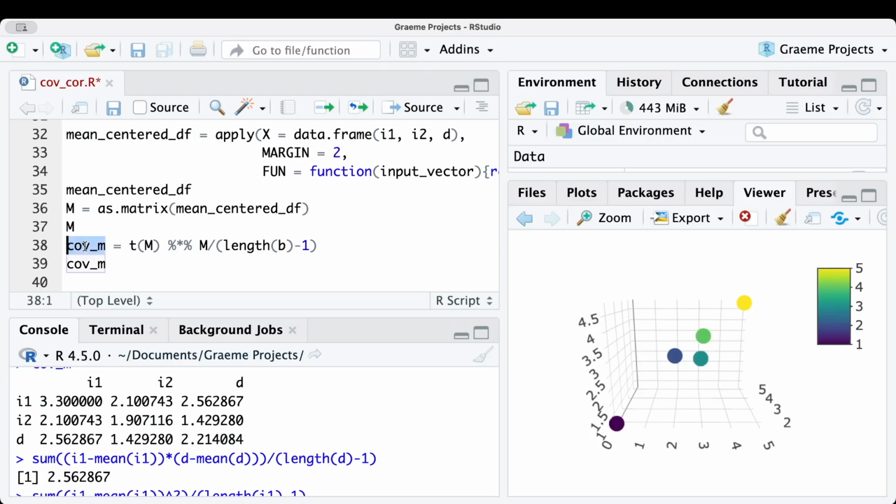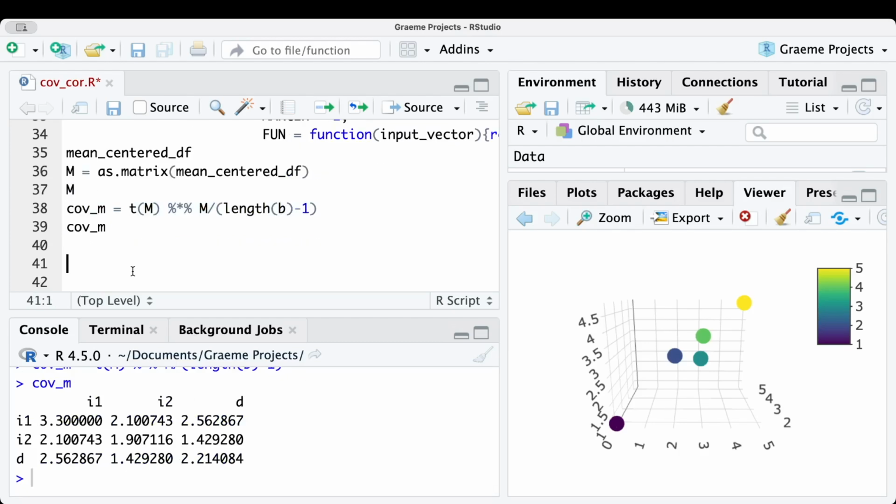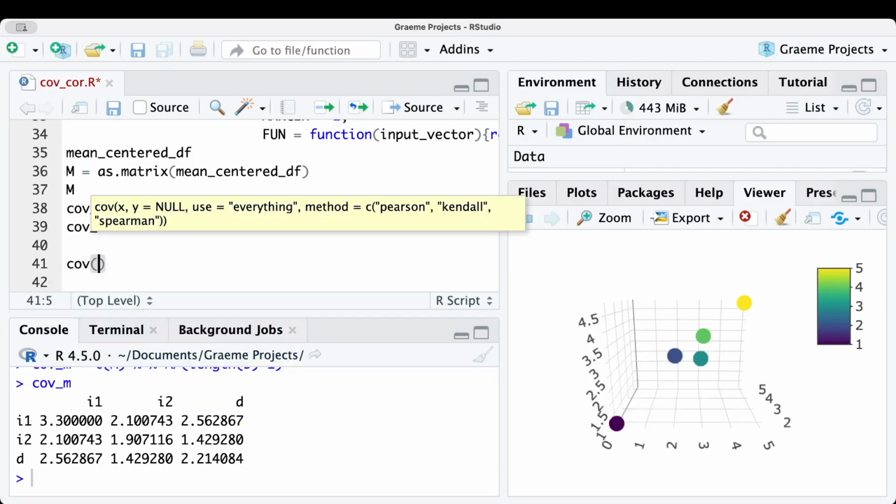So again, this covariance matrix is equal to the transpose of your data matrix times that data matrix itself divided by your sample size minus 1. The people who wrote all the functions for R wrote in this very handy cov function, which calculates a covariance matrix.